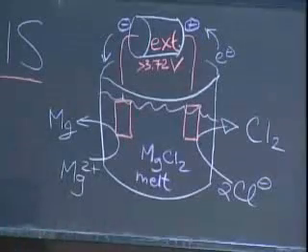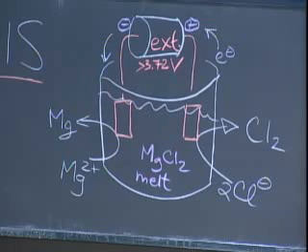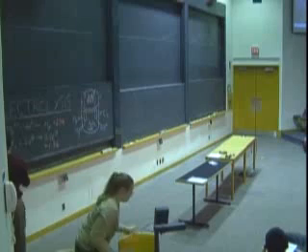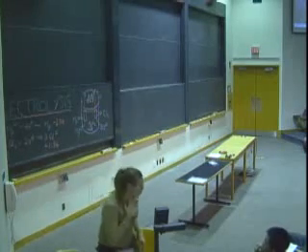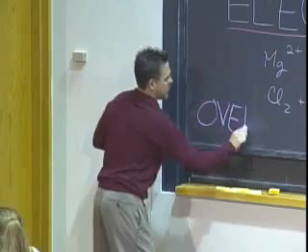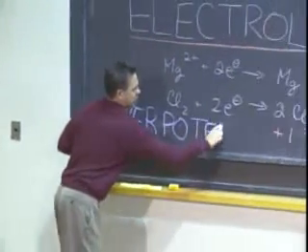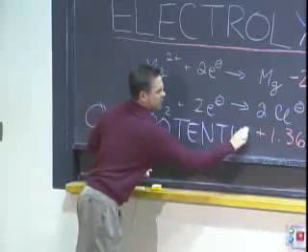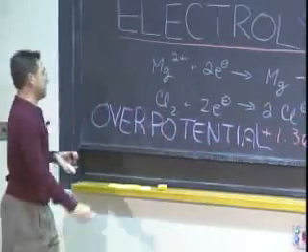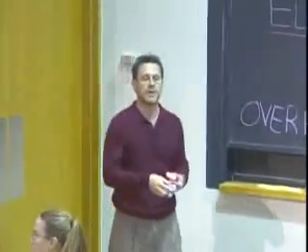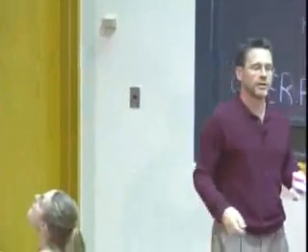If we could just briefly switch to the Athena from the document camera. I want to mention this one word, overpotential. You'll see an explicit definition of the word overpotential given in my notes and in your book.